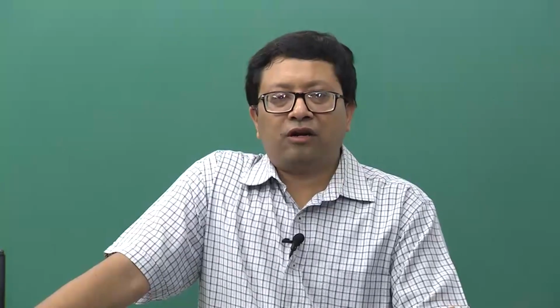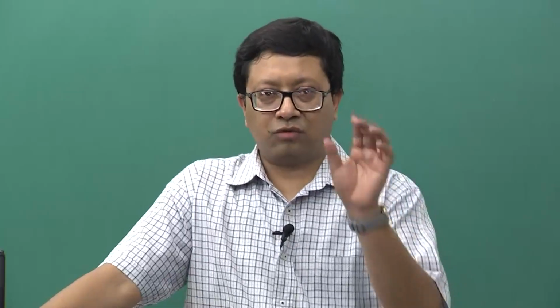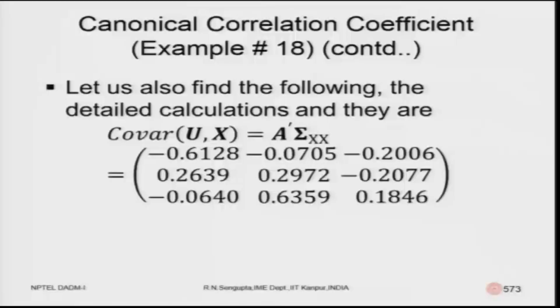So, we are going to find out the covariances between u and x. So, we had to find out a x. These are vectors, remember, vectors are matrices. I am not able to draw them in bold, but remember they are in bold when you write them. Similarly, we want to find out b and y.